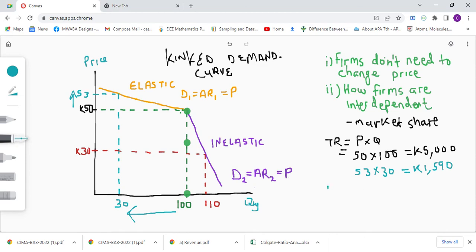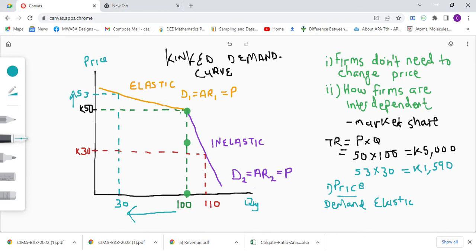So what we can say is whenever there is a price increase, demand is elastic. What happens when demand is elastic is that a small increment in price will lead to a huge change in the quantity. Because remember, what we mean by elastic is that demand is very responsive to any changes in price.